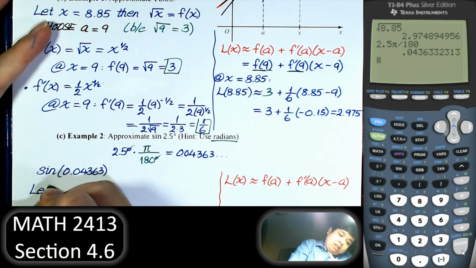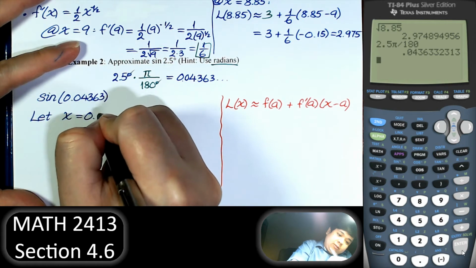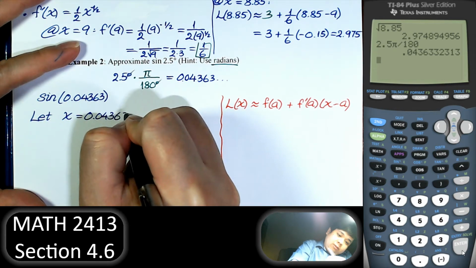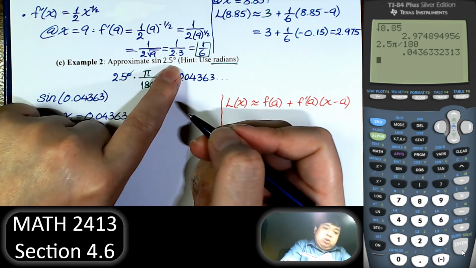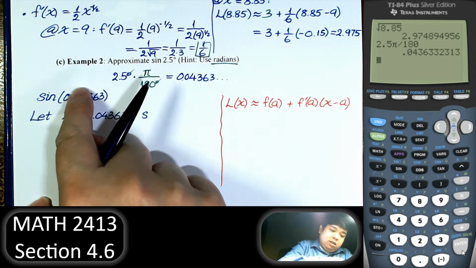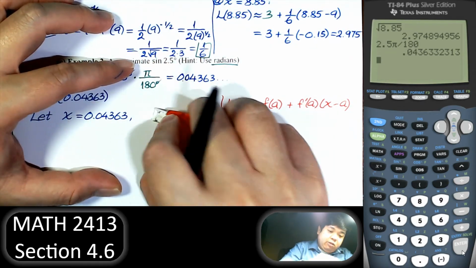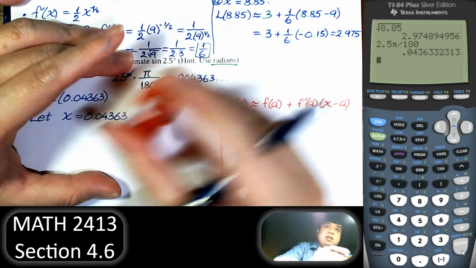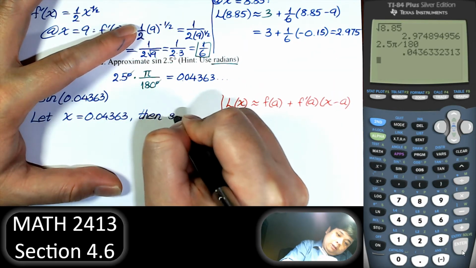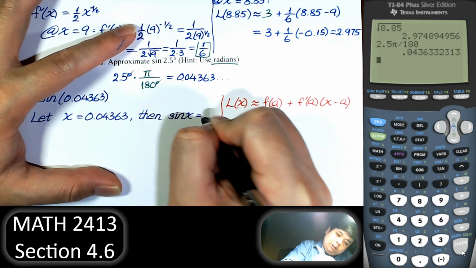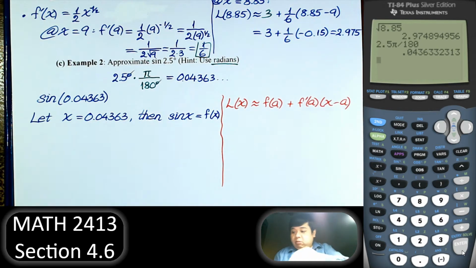I will let x be that number. After that, replace x in the equation. So we have sine x, and sine x therefore is going to be the function f of x. So now we know the function is sine x.